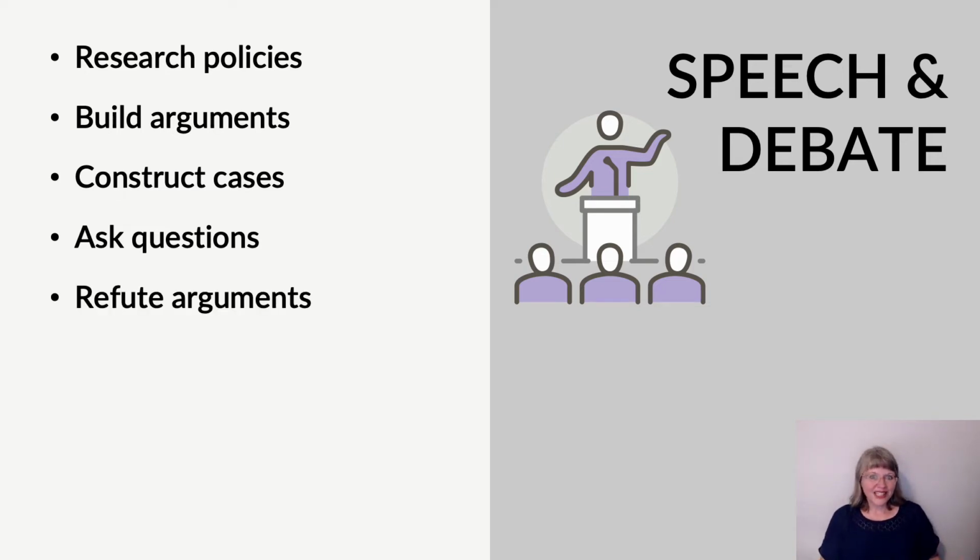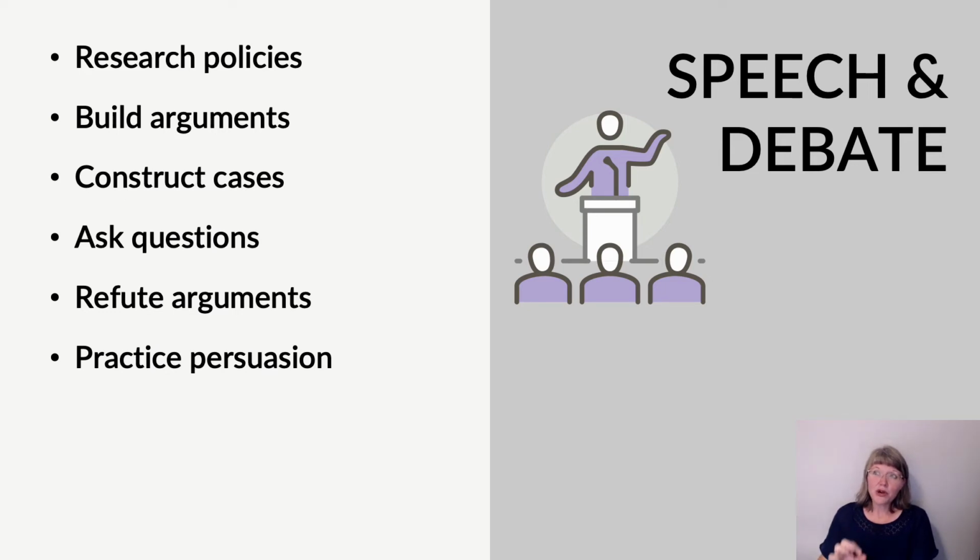So once you've clarified the case, now you want to refute the arguments of your opponent. And this is going to go back and forth like a ping pong game. So one team will make a proposal, the other team will say, hey, wait a second, here are some problems. Then that first team will get back up again and say, those aren't problems, and here's how we're going to overcome them, and so on and so forth throughout the round.